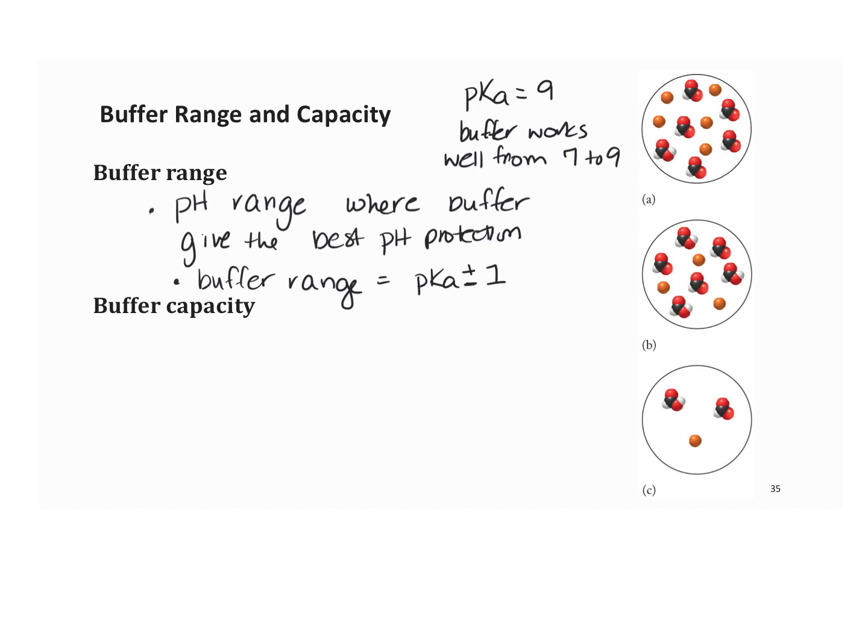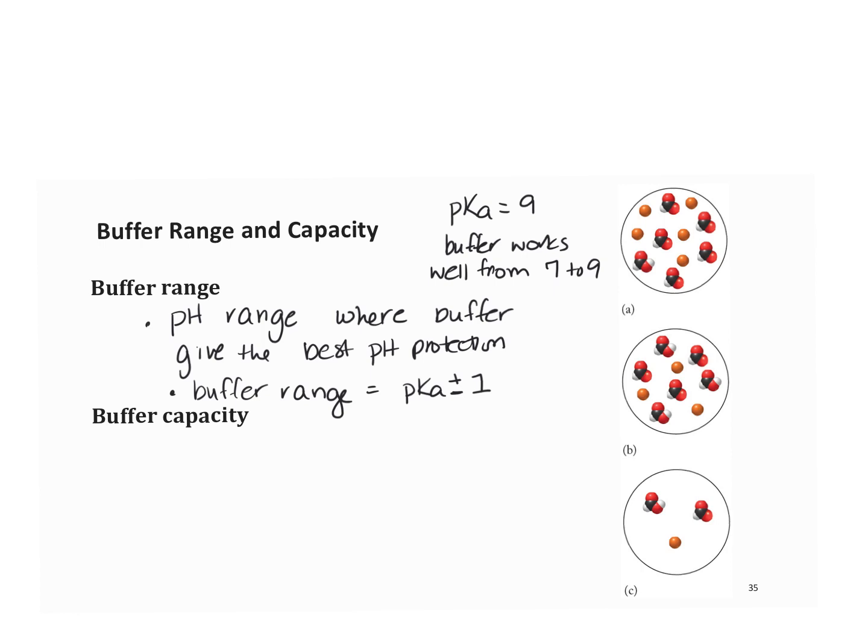The reason for this is when the pH equals the pKa, you have equal amounts of the acid and the conjugate base.